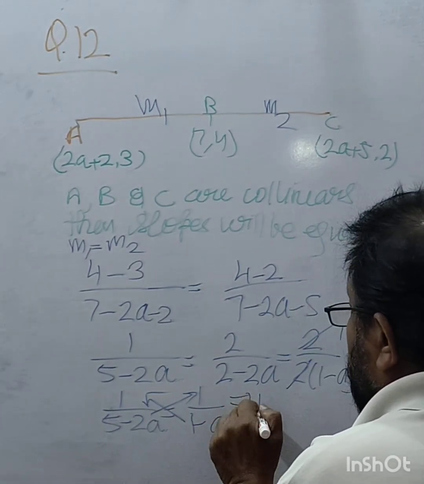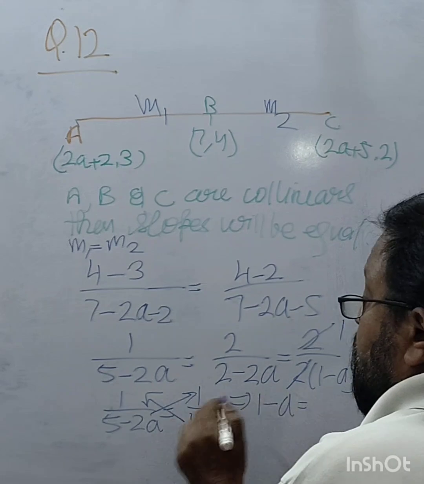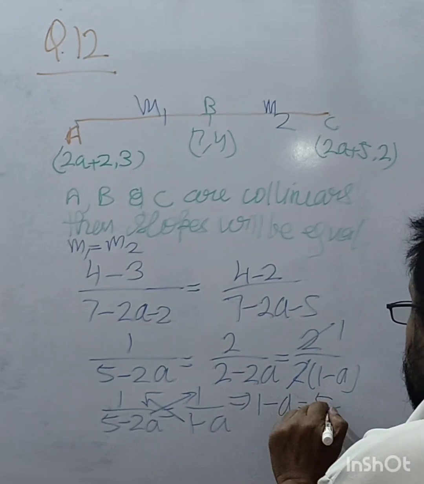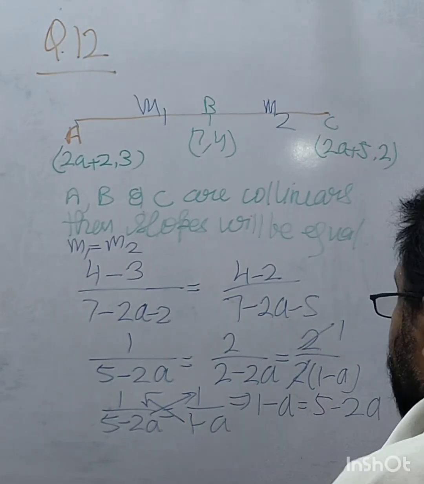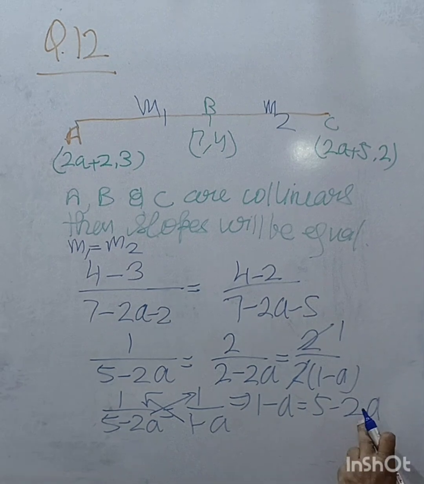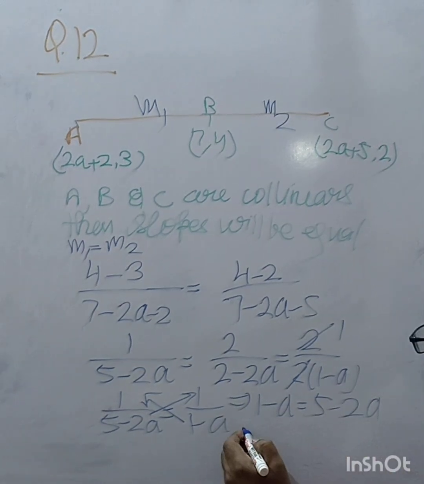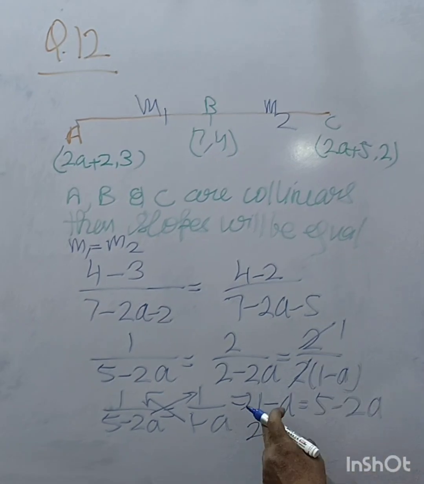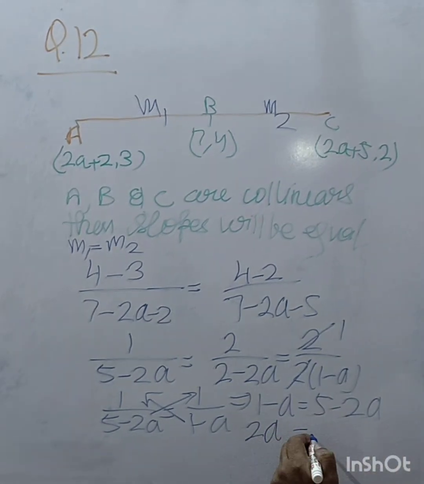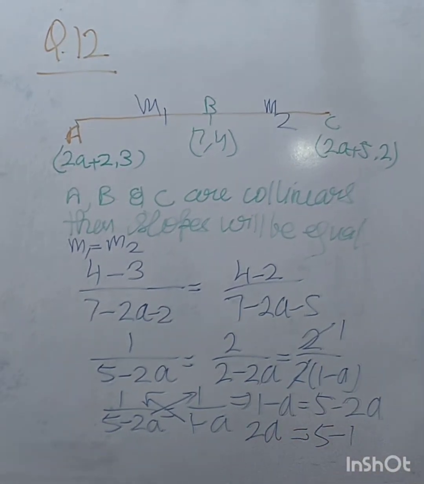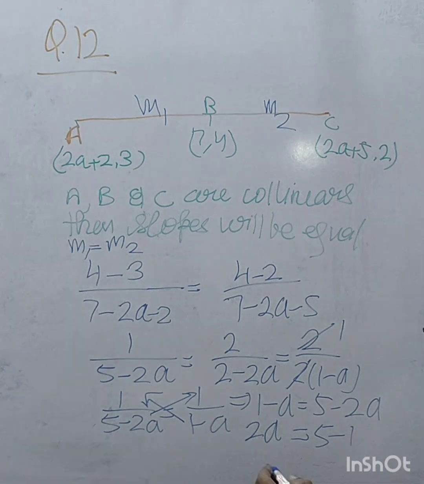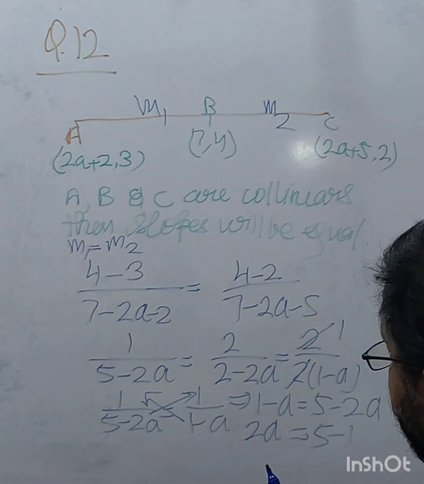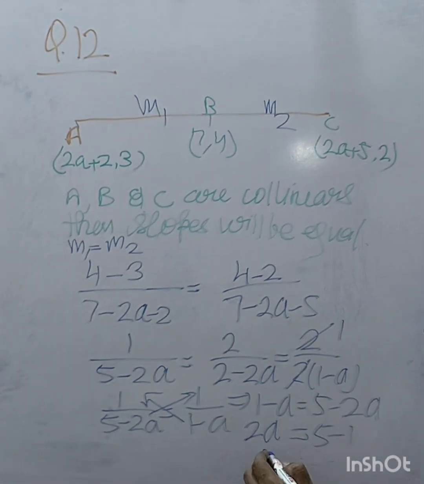So it becomes 1 minus a is equal to 5 minus 2a. So you bring this on the other side, it becomes 2a, and this comes on this side, it becomes 5 minus 1. So a is equal to 4.